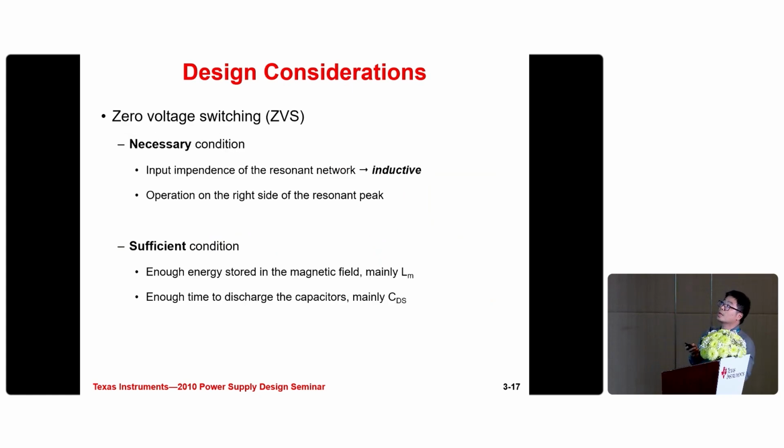When we want to achieve the ZVS, there are two requirements here. The necessary condition is that the input impedance of the resonant network should be inductive. That means the voltage should be ahead of the current. And another thing is that the LLC converter should operate at the right side of the resonant peak.